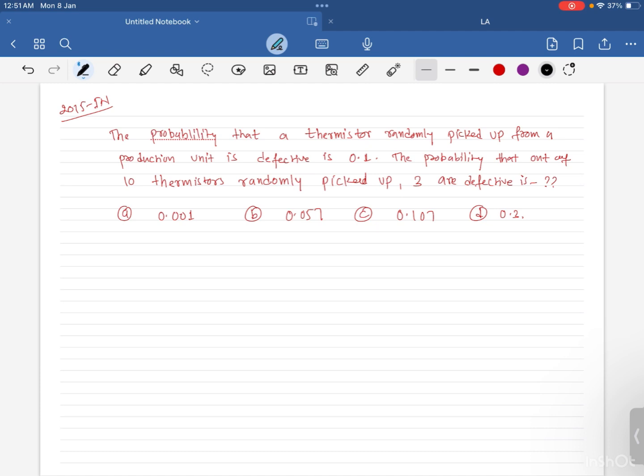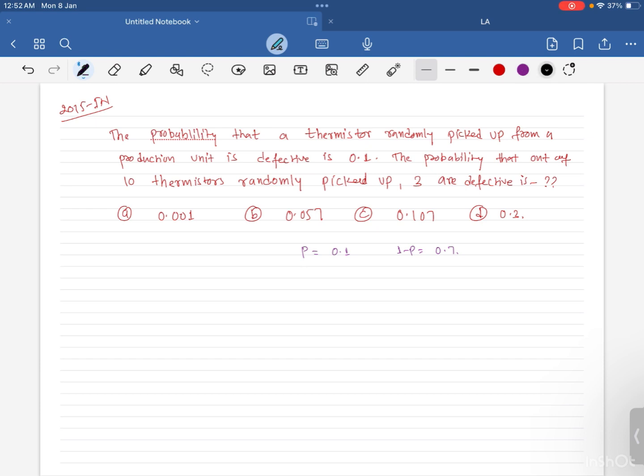So you can map this to an event from the binomial distribution. You pick a thermistor that may be defective or not defective. So the probability that it is defective is 0.1, and the probability that it will not be defective would be 0.9.